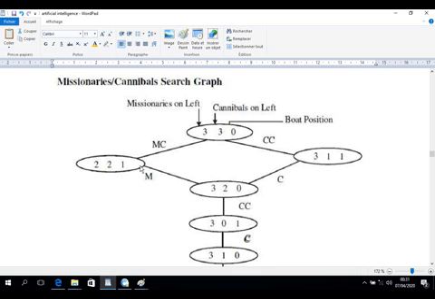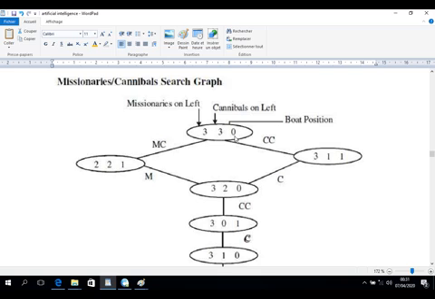Example: give the problem space representation of each of the above mentioned problems. Okay, for the missionaries and cannibals problem, this is the problem space representation using a graph.